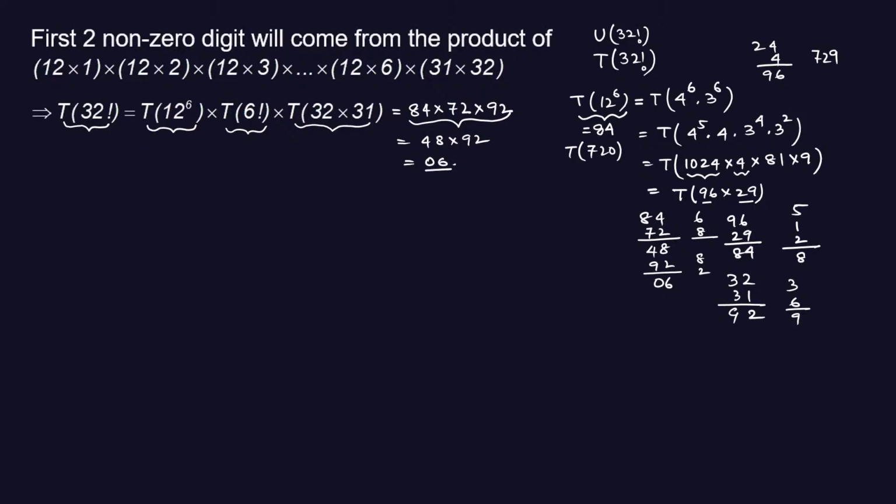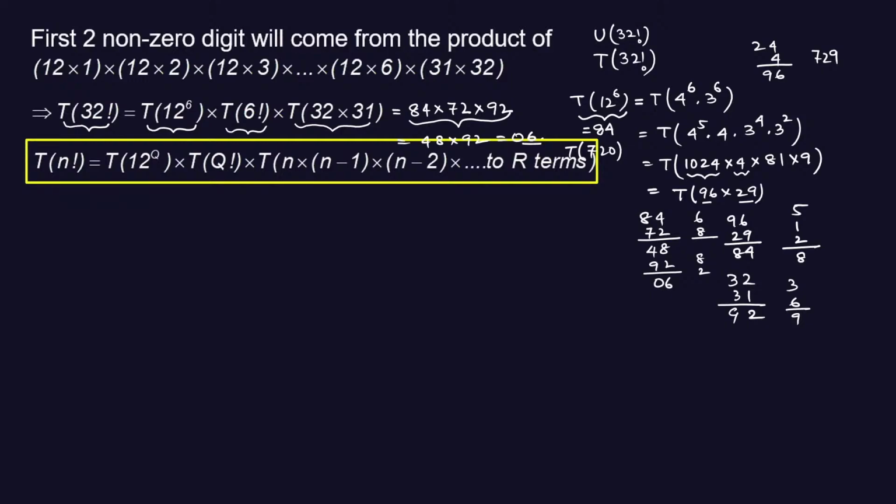So the first two non-zero digits in this product are going to give us 06. Is it clear to everyone or not? So that's the answer. So now let us try to formulate the formula for finding the last two non-zero digits of any factorial.